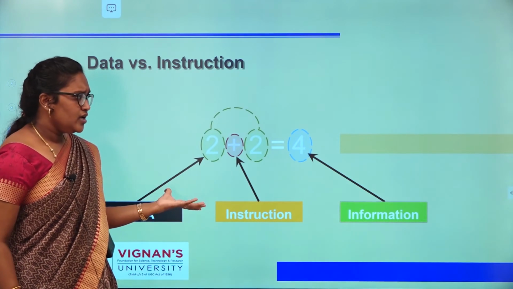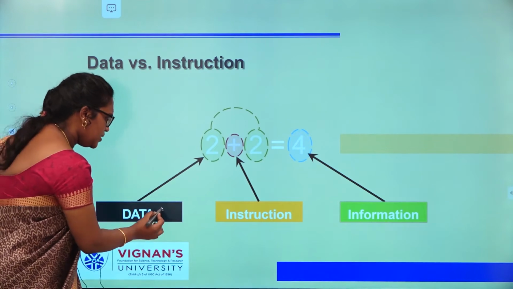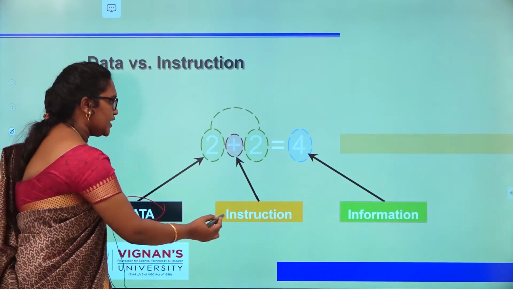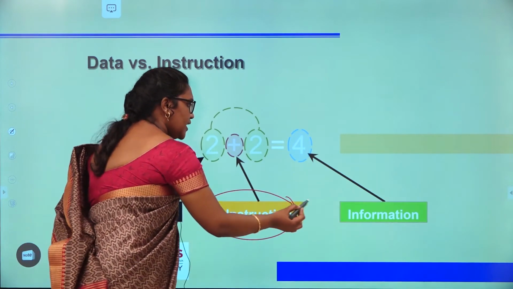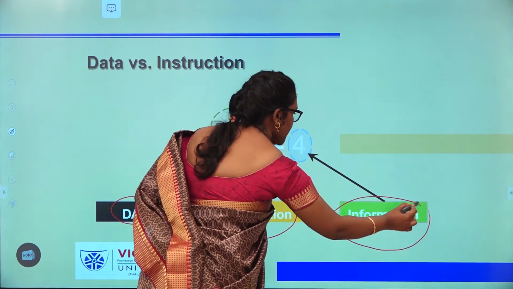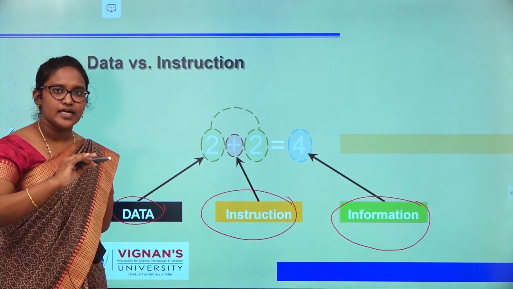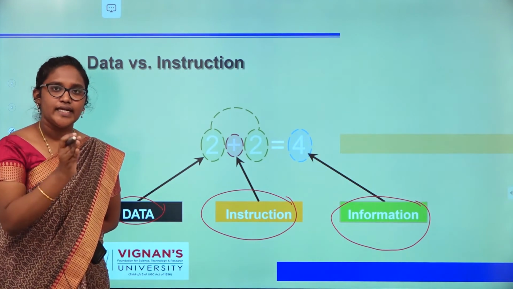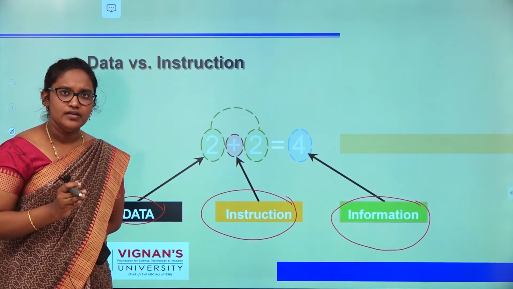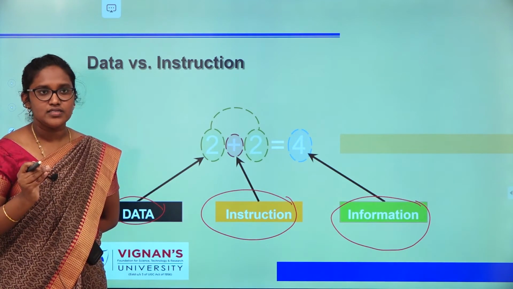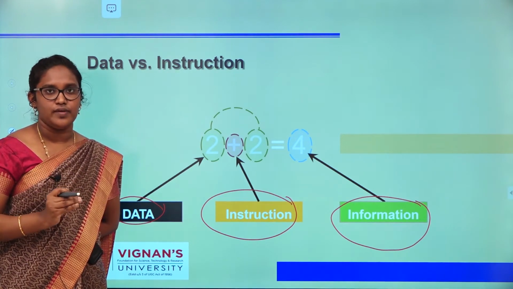So here if you understand, you can see data and then instruction and then information. As we have seen in the previous slide, what is data and what is information? Data means it will be in either an organized or unorganized way.